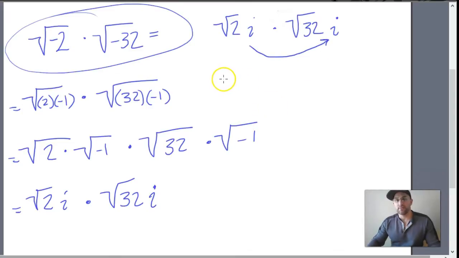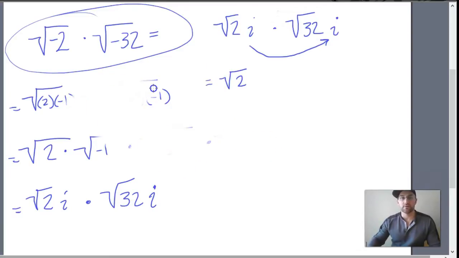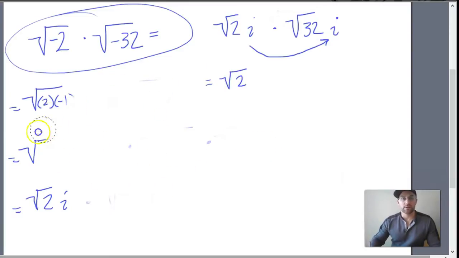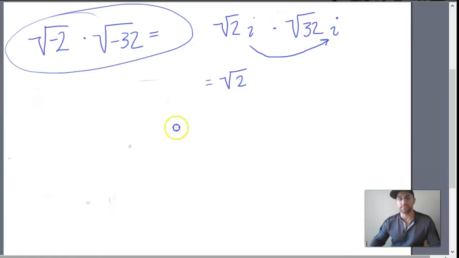Let me erase some of this stuff here. I guess I should have given you a heads up so you could have paused if you needed to write that down, but you'll have to rewind. Okay, so we have square root of 2 times square root of 32 times i squared, right? Because it's i times i.